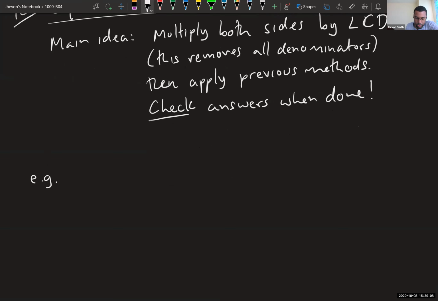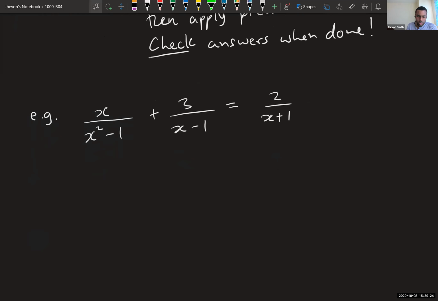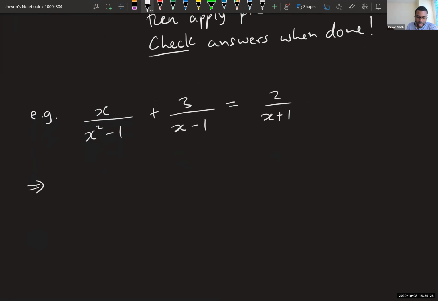I have x over x squared minus 1 plus 3 over x minus 1 equals 2 over x plus 1. Of course, to find the LCD, you need to factor. We've discussed that in a previous section. How do you go about finding the LCD? You factor everybody, take all the common factors, raised to the highest powers to which they appear.